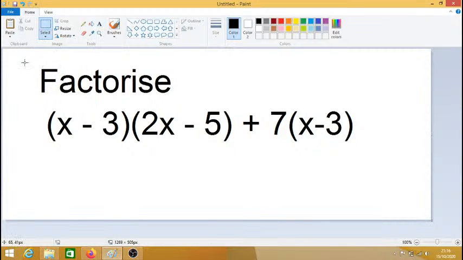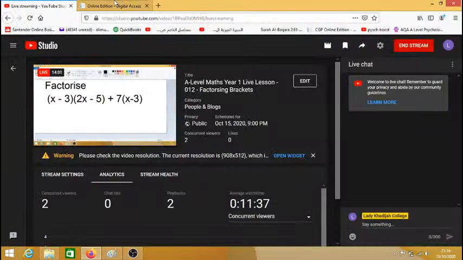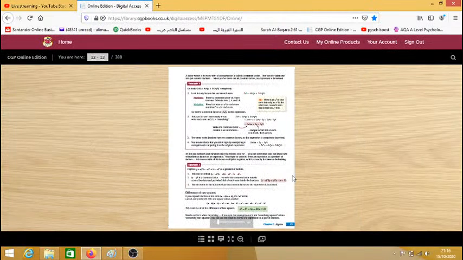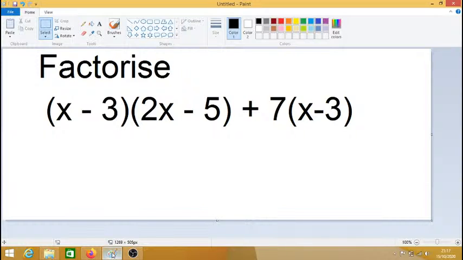So just have a think about that, and when you're ready, let me know what you think the common factor would be, and let me know what you'd pull out to the front, and what would the second bracket look like, what would it have inside. Just a few more seconds.